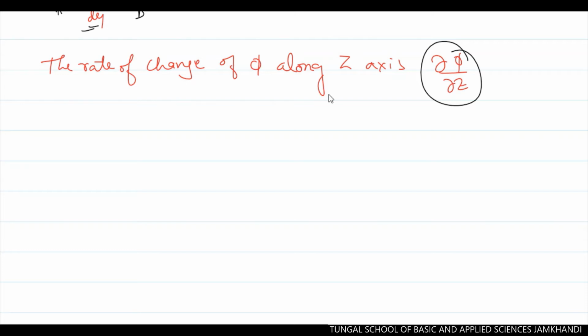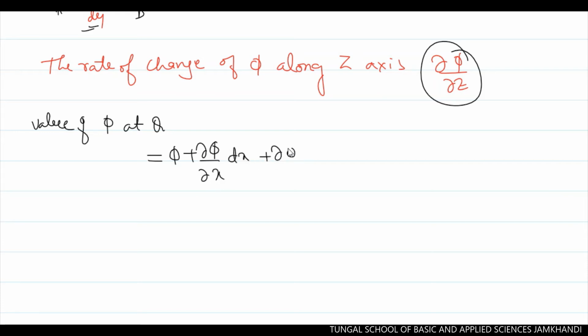Similarly, as we have calculated in x and y, the value of the function phi at Q becomes phi at point P plus its variation along the x-axis, then the variation along the y-axis, which is dy, then plus the variation along z.